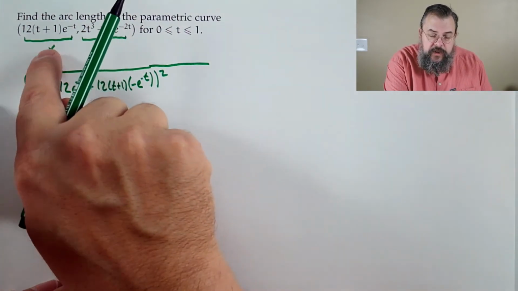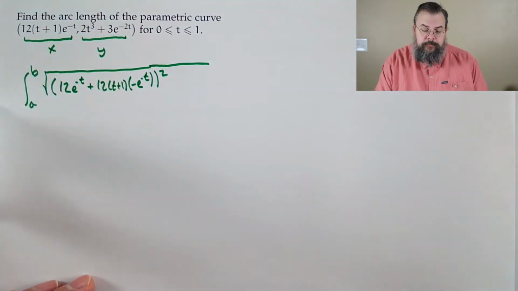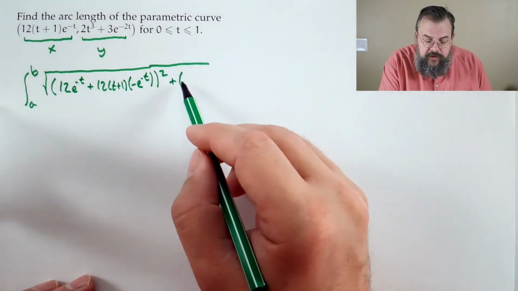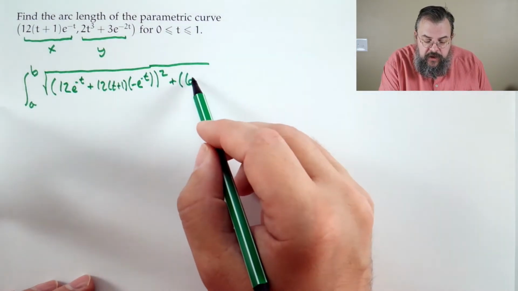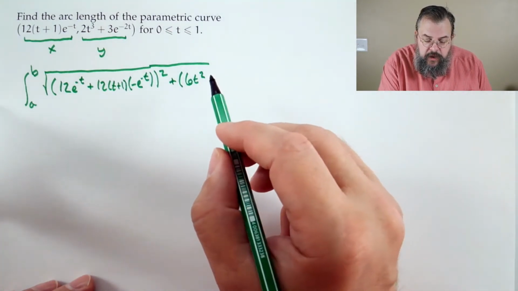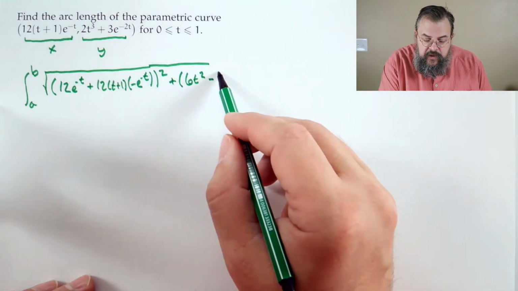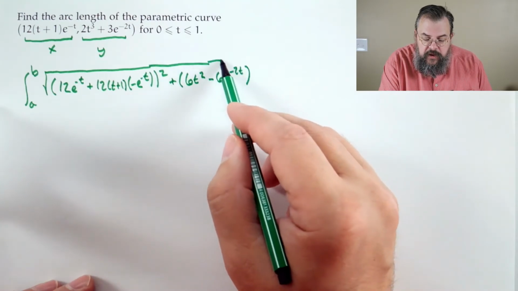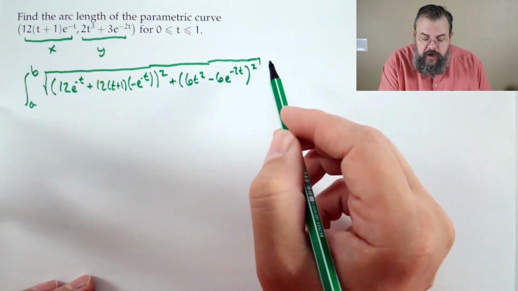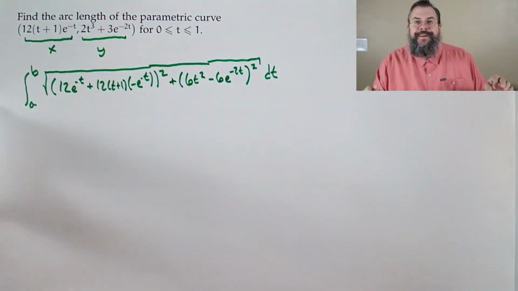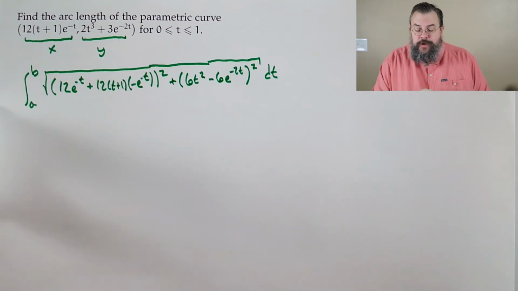Okay, that's just the derivative of the first piece. Plus, now the derivative of y. So plus the derivative of 2t cubed, 6t squared. The derivative of 3e to the minus 2t, well, minus 6e to the minus 2t. Okay, squared, dt. Good, good. Now we proceed.